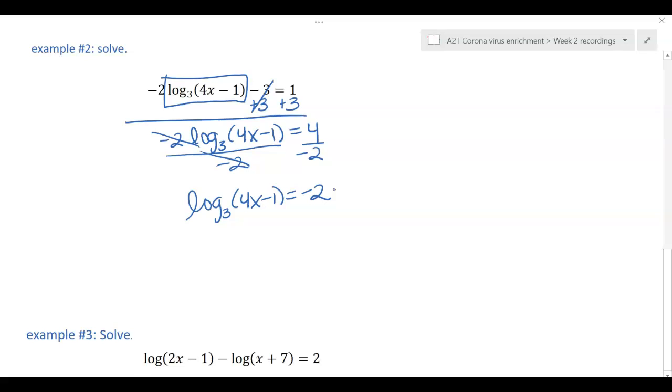So now that I've got my log isolated and I don't have whatever's on this side written in a log form that's comparable, I'm looking to rewrite. So it's a base of 3. An exponent of -2 would equal 4x minus 1.